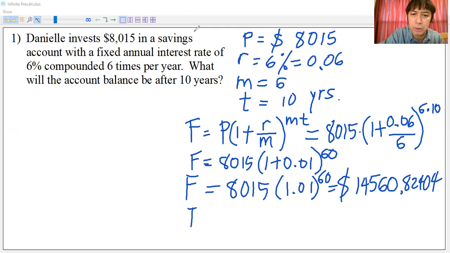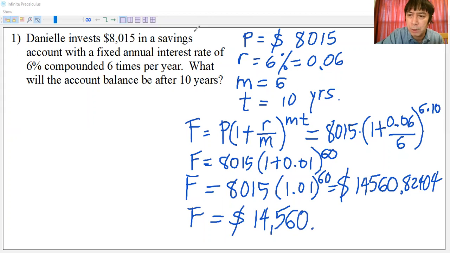Okay, we're going to round it to 2 numbers after the decimal point. So this is $14,560 and 82 cents. And we can verify the answer. All right, so that's it. $14,560 and 82 cents. Okay, that should be for our first number.